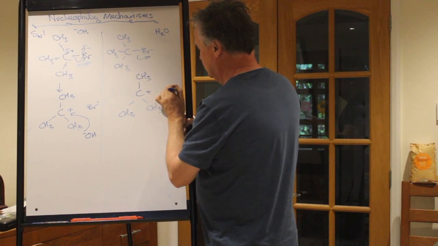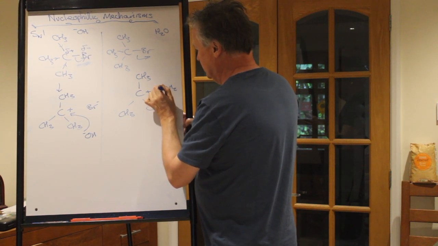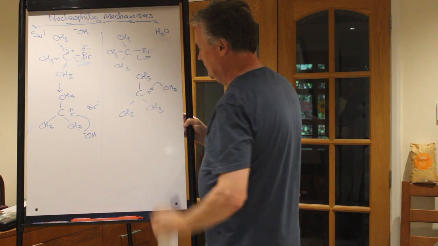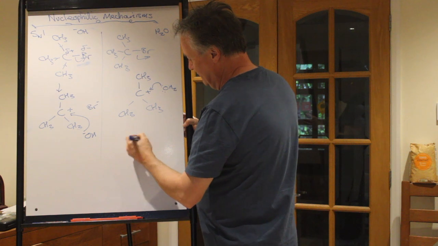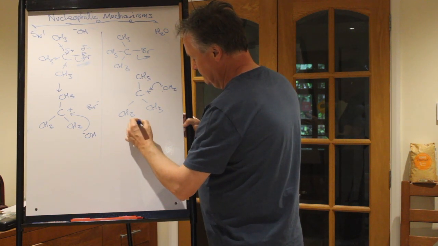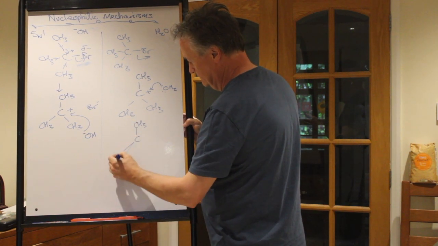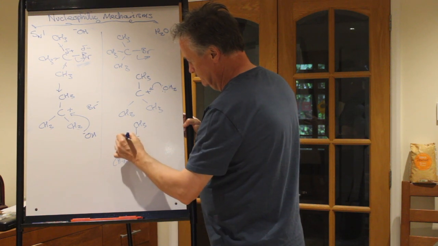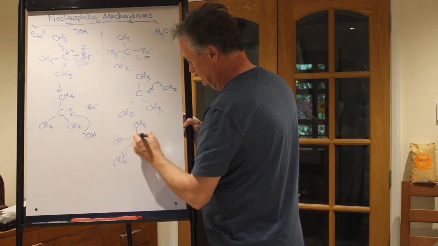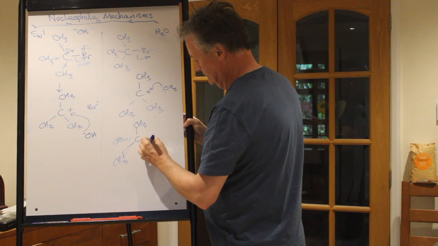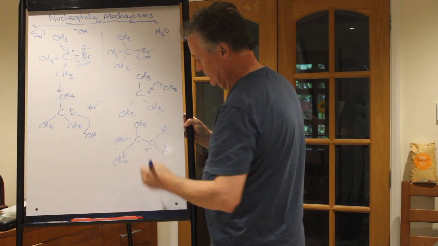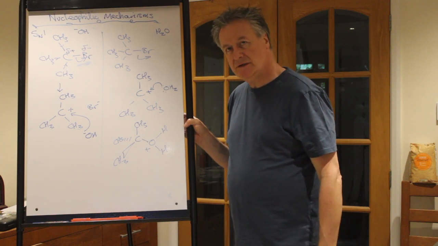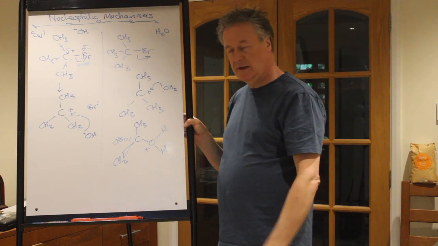And then a lone pair on the oxygen goes and forms a bond. What you have then is the same kind of situation as before, where the oxygen has one too many bonds.